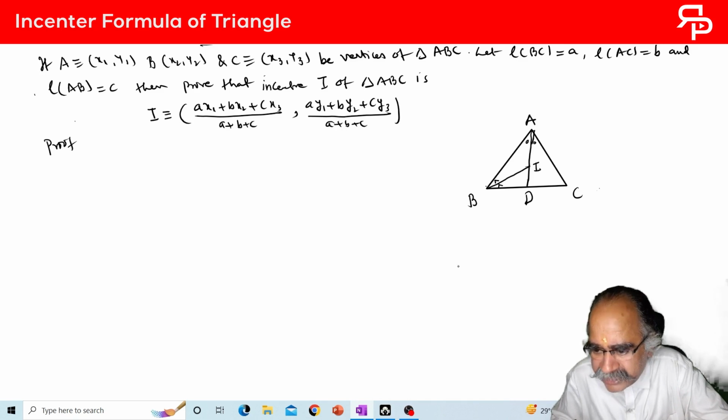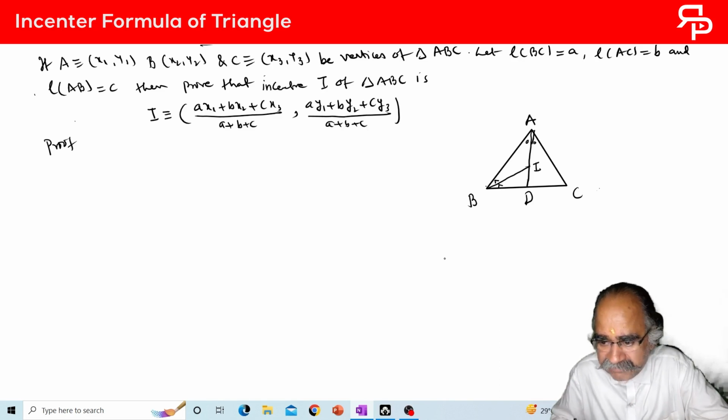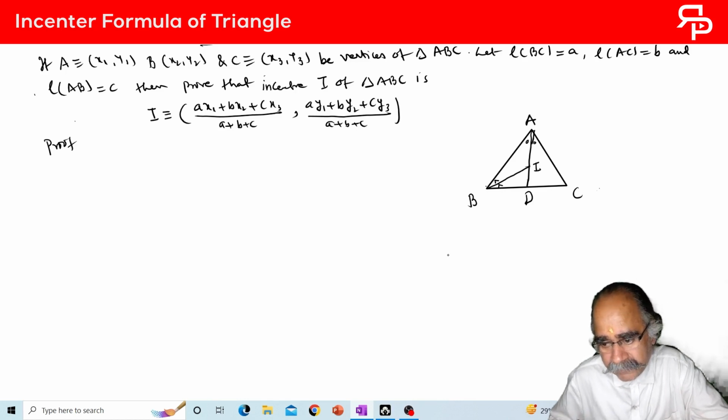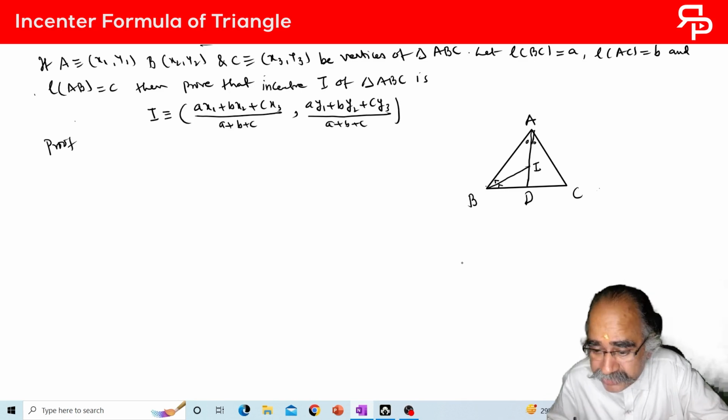I need the coordinate of D. But before the coordinate of D, I must know the ratio in which I divides AD. Even if you know the ratio in which I divides AD, you cannot find the coordinate of I, because for that we need the coordinate of D. So to find the coordinate of D, I need the ratio in which D divides BC.